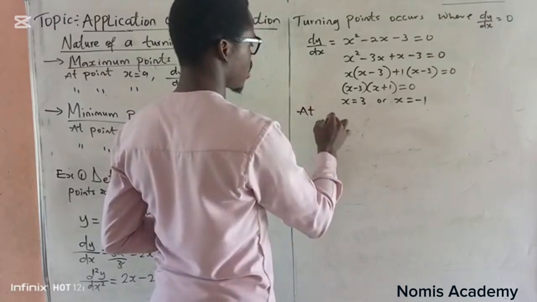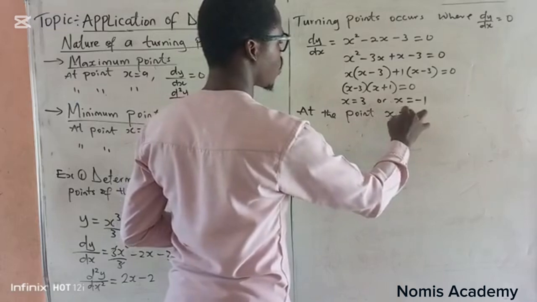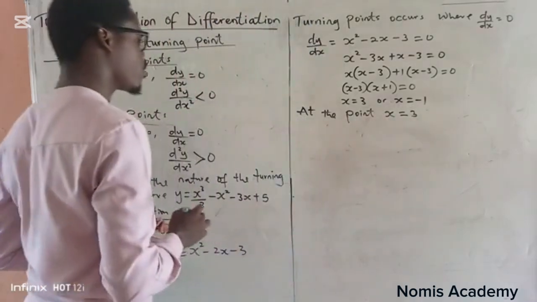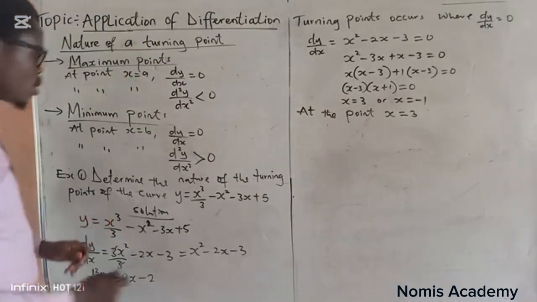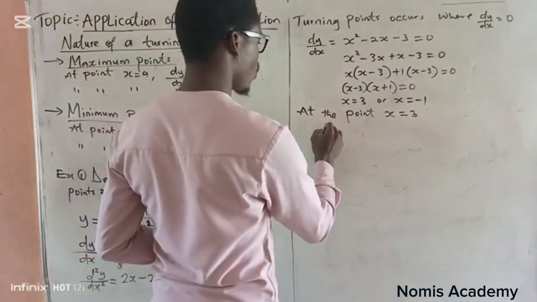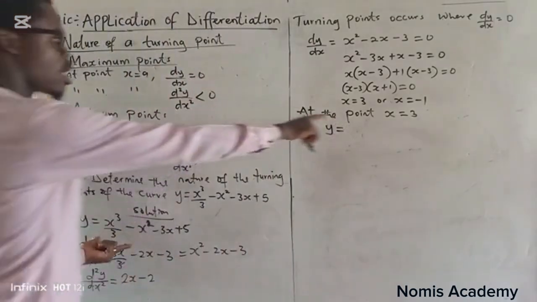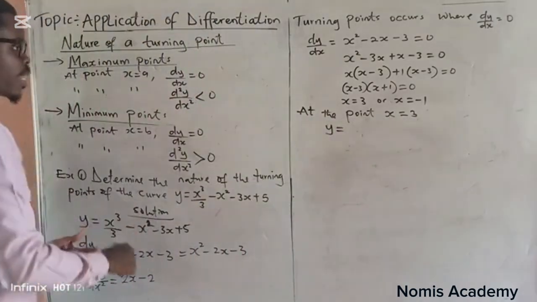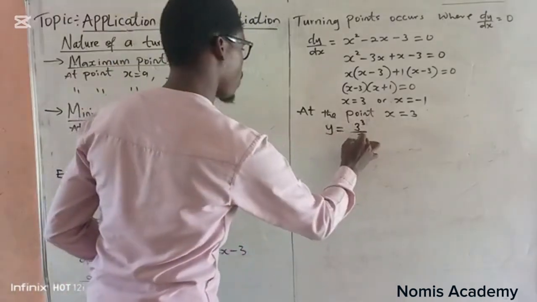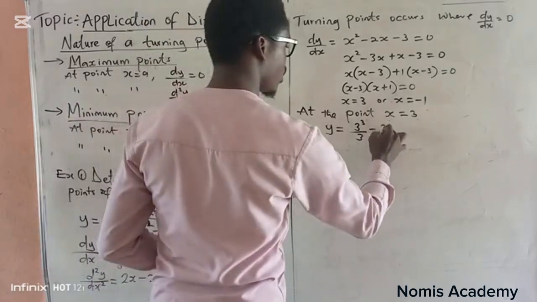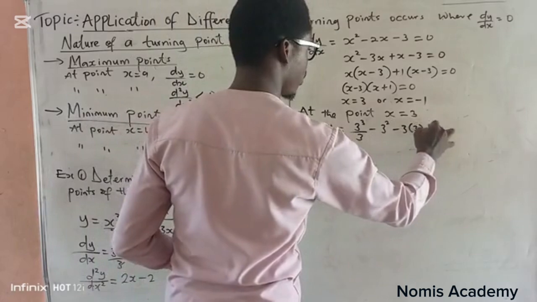At the point x equal to 3, first we insert this in the given function. We write 3 in place of x, so that will be 3 cubed over 3 minus 3 raised to the power of 2 minus 3 times 3 and then plus 5.